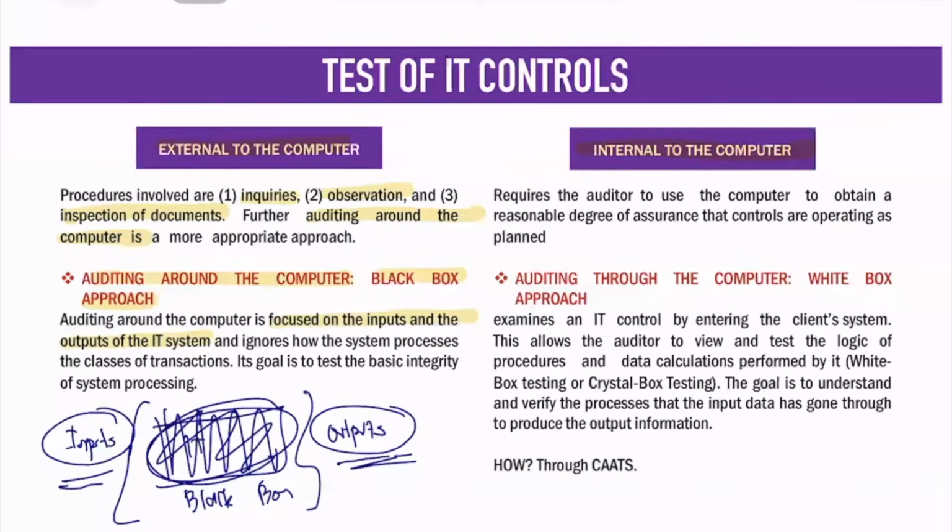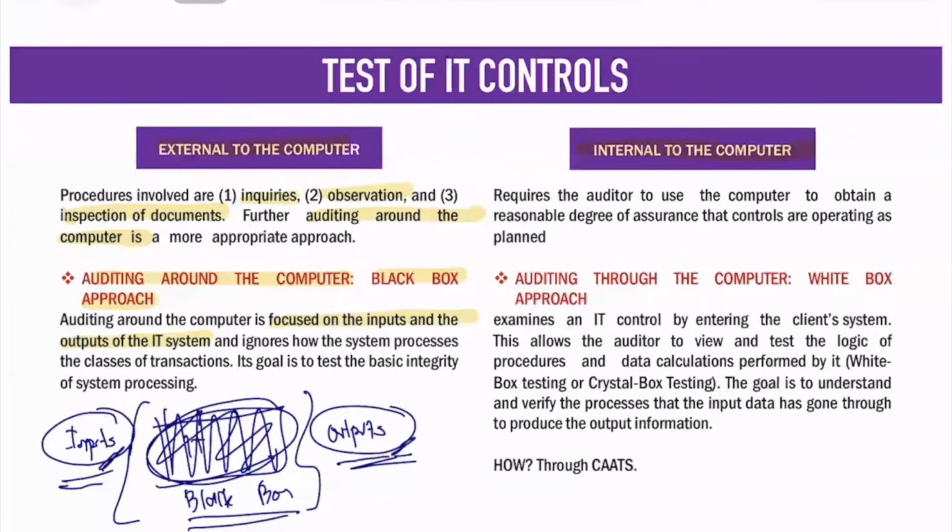You don't look into the computer itself. You consider the computer as a black box. Here, you make use now of course, of an expert to test the IT. But generally, what you test only is the input and output.